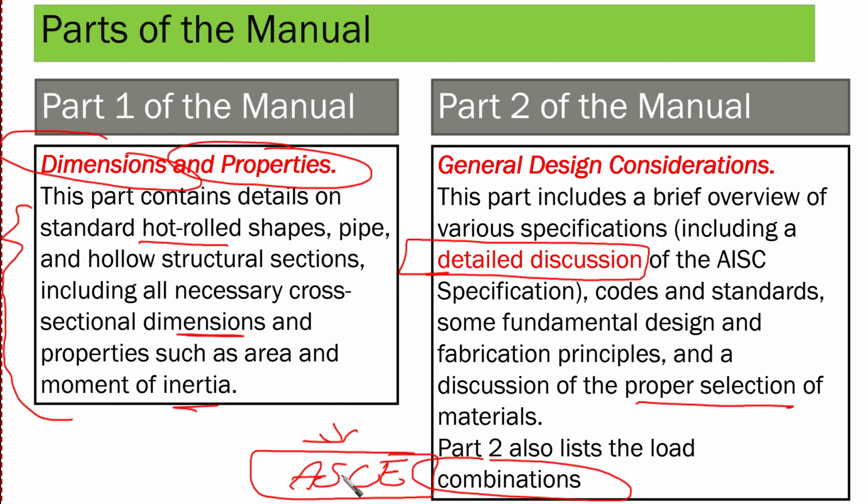For example, load combinations with overstrength: for a special moment resisting frame, maybe they are going to suggest using a specific load combination over others. So whenever we're talking about load combinations, generally we should refer to this part, which has the load combinations listed by the manual. And of course, there is a relation with ASCE 7.